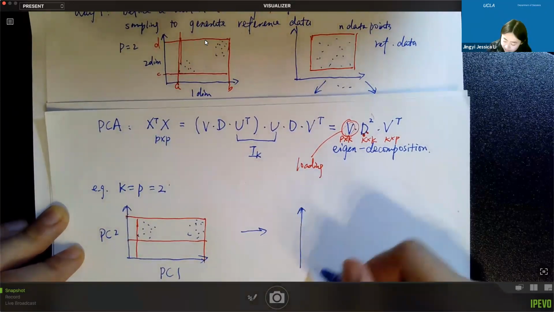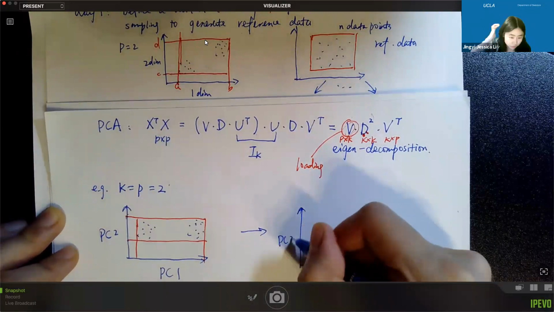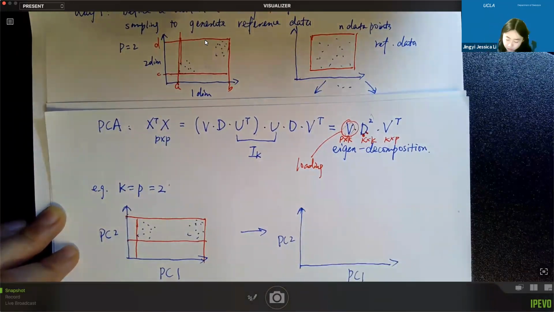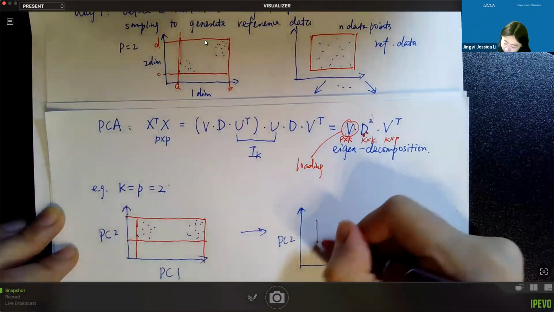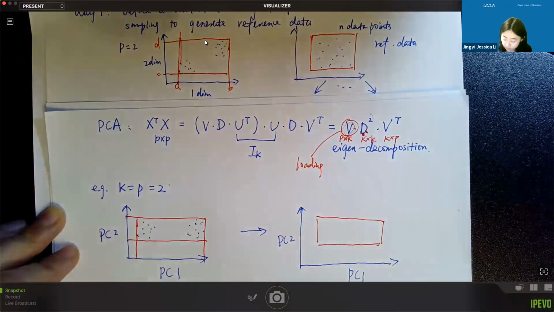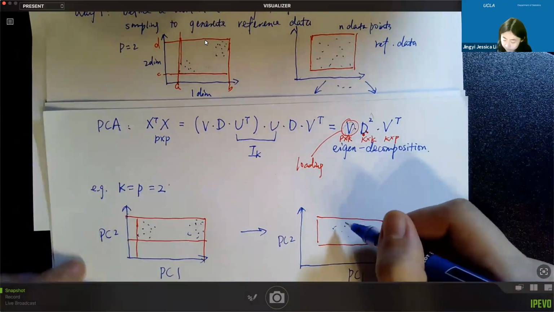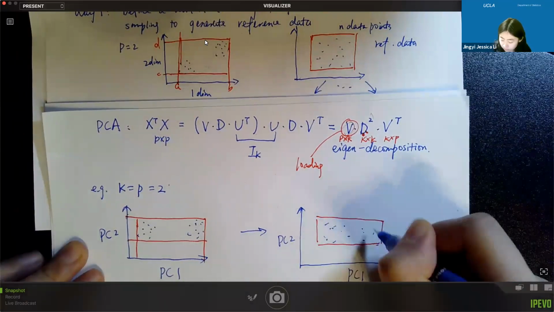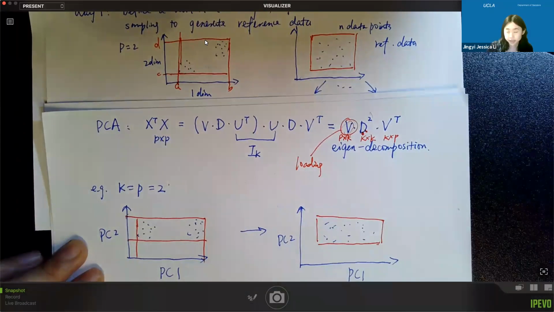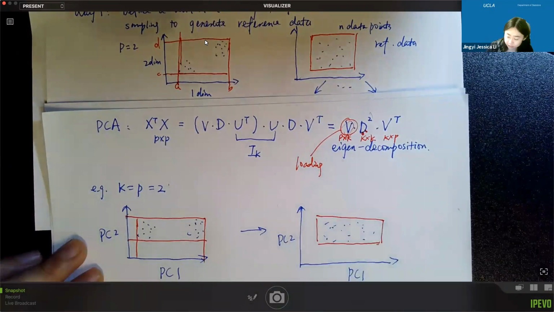I'm going to stay in this PC1, PC2 dimension and draw uniform samples from this rectangle. After uniform sampling, I then need to rotate the space back to the original dimension.